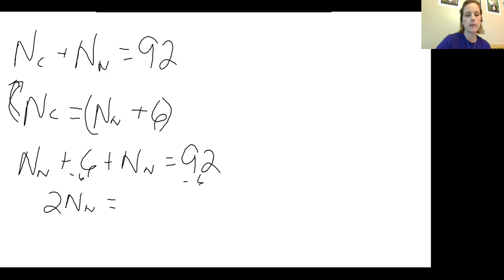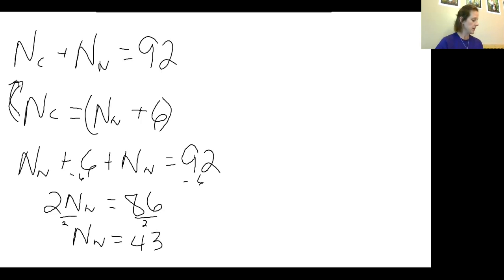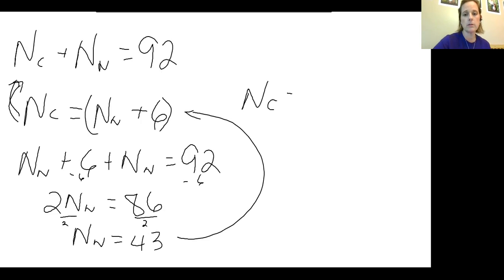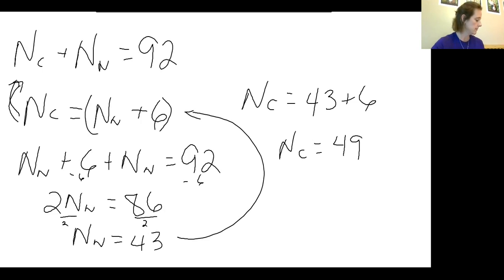And that's going to give me 86. So the number of Nancy's after I divide both sides by 2 equals 43, right? Now that I know Nancy has 43, I can easily solve for the number of Charles's because I can go right back up here. The number of Charles equals 43 plus 6, so the number of Charles must equal 49, right?